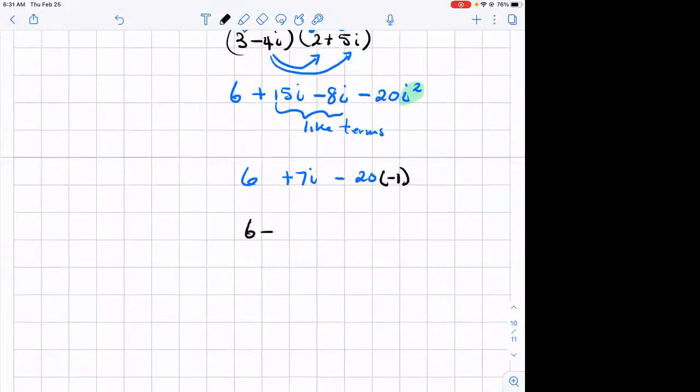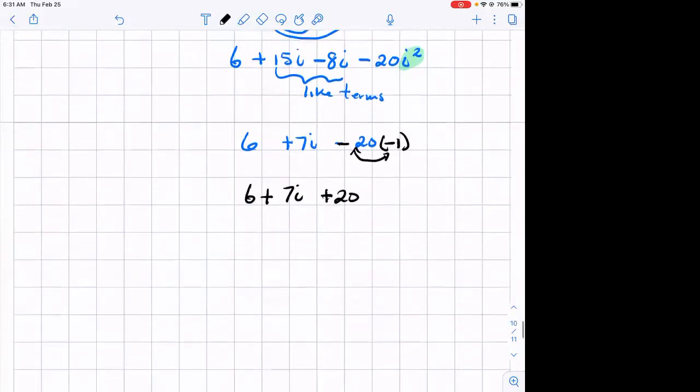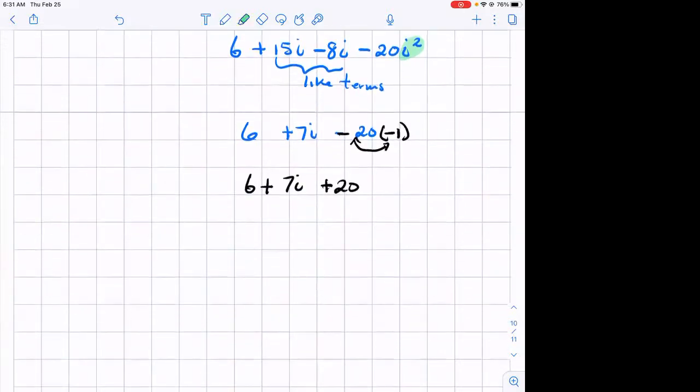So now we have 6 plus 7i, minus 20 times minus 1 becomes positive 20. And now we have like terms. These are considered like terms. So 20 plus 6 becomes 26 plus 7i. So the whole multiplication process, okay, is very similar to that of polynomials. Very similar.